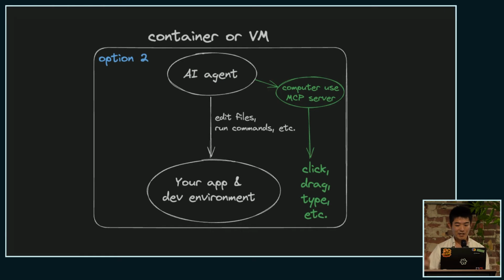You can instead create a computer use MCP server. How that works is you're going to add a different model, sometimes the same model, with the computer use capabilities. In this particular case, Claude Opus 4, that's very important. That's able to click things, drag things, and so on, so that the main AI agent can use this as a sub-agent.